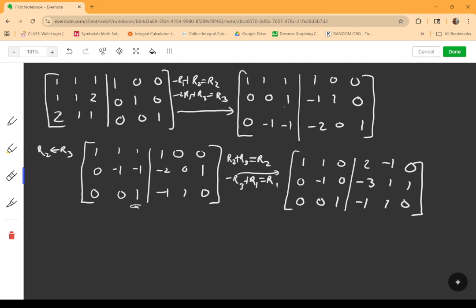Now we're much closer. The last thing I want to do is go to that second row and zero out the 1 above it. So I'll add R2 plus R1, which will be my new R1.